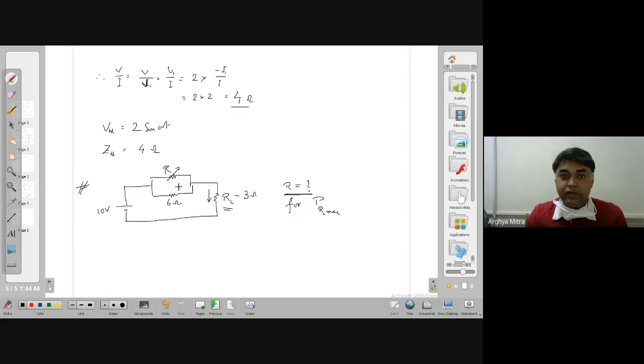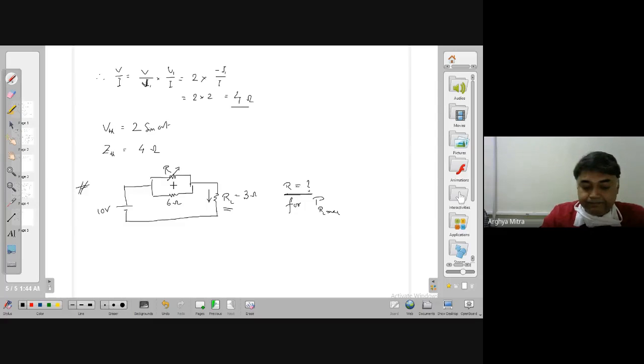Minimum means I have the option because R is varying now. It is varying from 0 to infinity. Because the range is not given, you can consider that it can vary from 0 to infinite. So it may be short circuit or it may behave as if it is open circuit.